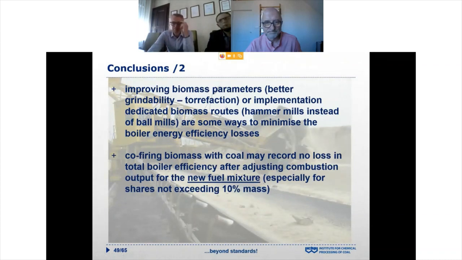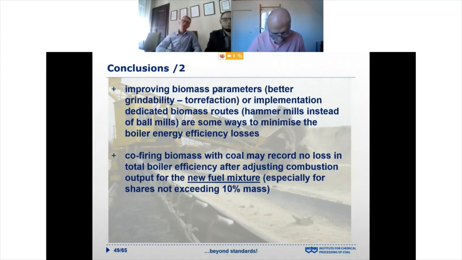And you can say that generally co-firing biomass with coal may result in no loss of boiler efficiency when we adjust the combustion output for the new fuel mixture, especially for shares which don't exceed 10% mass. Of course, the situation is different when you do trial testing. So you just add the biomass to the coal and then you combust it.